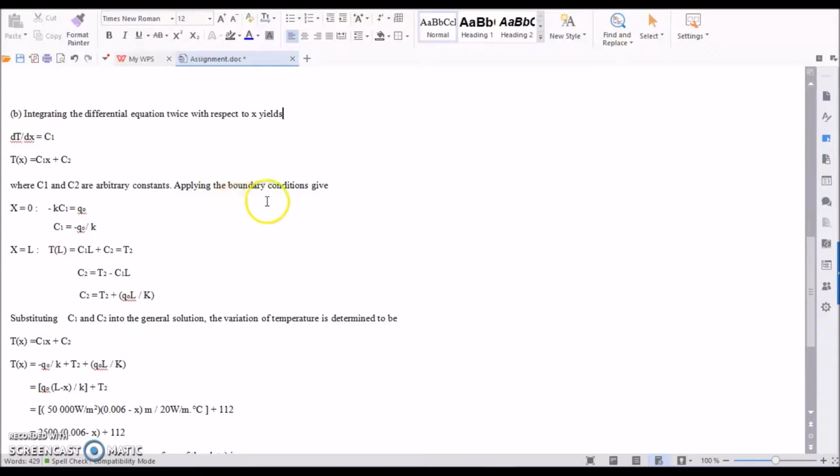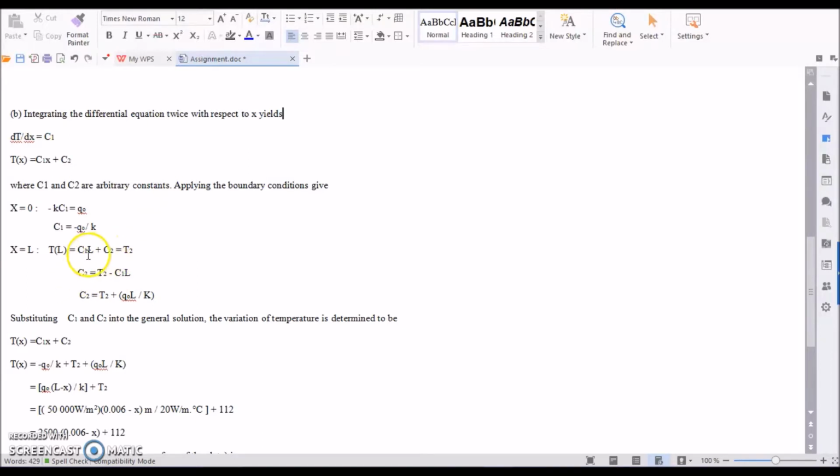When the boundary condition is x equals L, we use the general solution we got here, but instead of x, we change to L. So T(L) equals C1L plus C2. And when x equals L, the boundary condition is T2 also. So it equals T2. Then we make C2 the subject.